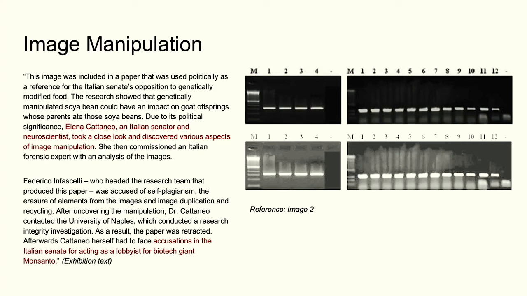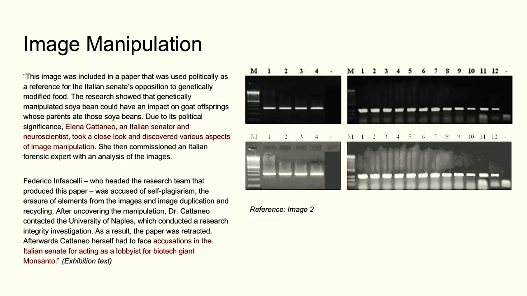It's a set of slides from a laboratory, and you really need to have a level of expertise to understand what's going on in these slides. These images actually had a political history as well. They were used as a reference in the Italian Senate for opposition to genetically modified food.